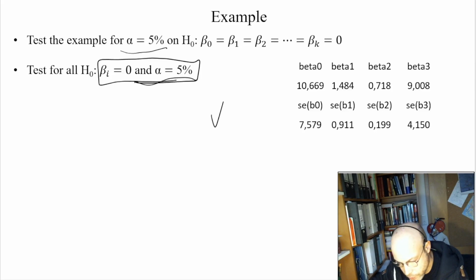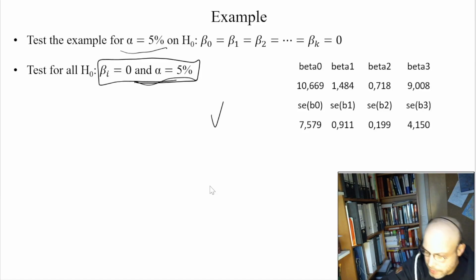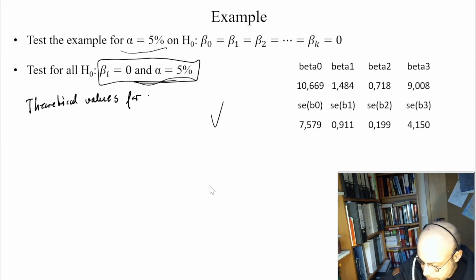Then we have to do all in the same way, but we then have to look what is the theoretical value for a significance level of 5%.